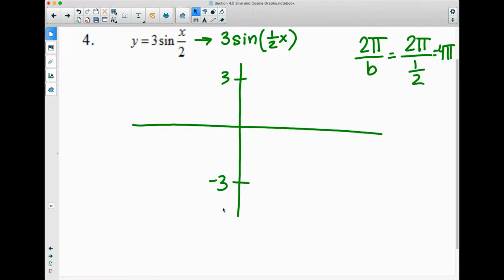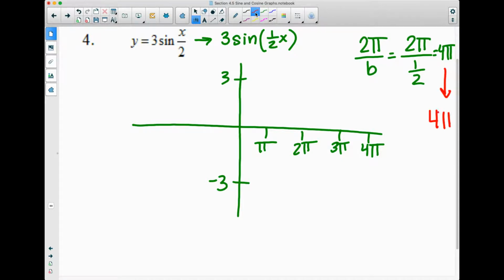When you divide it by 4, we get pi, 2 pi, 3 pi, 4 pi. So take the period of the function, and that's going to tell you what you go by. And we're going by pi. So that's why it's 1 pi. Then we add another pi, we get 2 pi. Add another pi, we get 3 pi. And so on. So that sets up your x-axis for you.